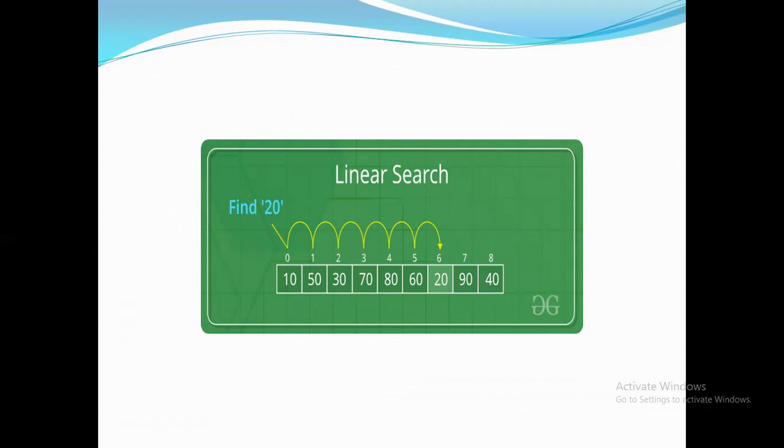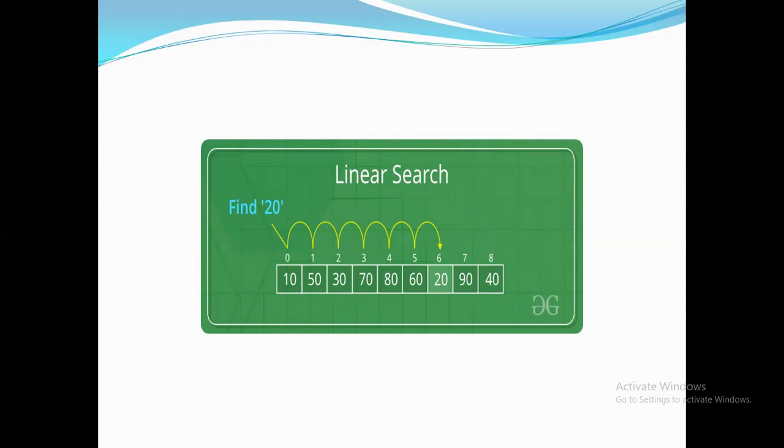Are both equal? No. Then we compare the key 20 with 50. No, it's not. Again, 20 is compared with 30. No. 20 is compared with 70. Not. 20 is compared with 80. Not matched. 20 is compared with 60. Not matched. 20 is equal to 20. Yes, the element is found.